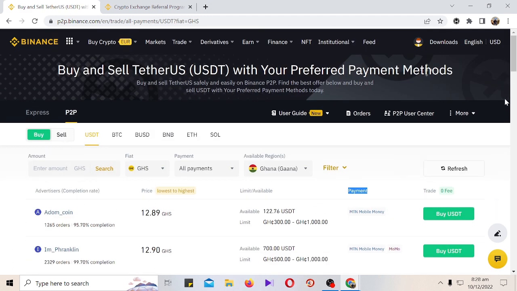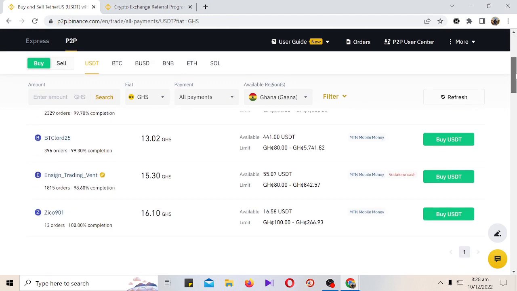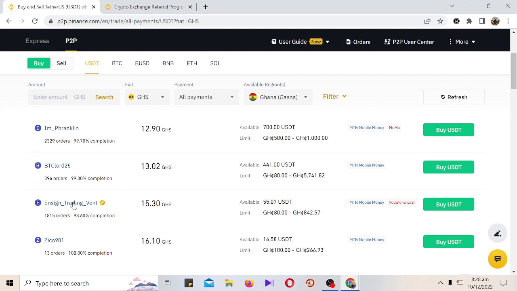Let's scroll down and I'll explain here too. You can see this person has a yellow tick. That means Binance has recognized this guy as a verified merchant. There is no way you can buy USDT or any cryptocurrency from this guy and have problems, because Binance will help you solve it. You can see he has completed over 1,815 orders with a 98.6% completion rate.